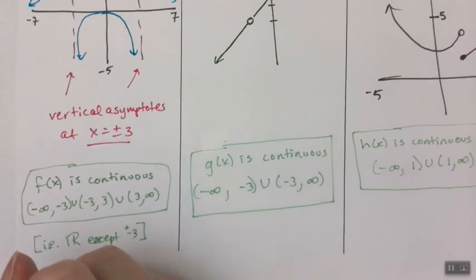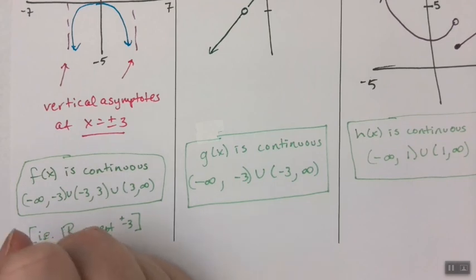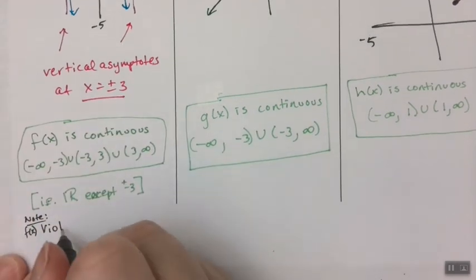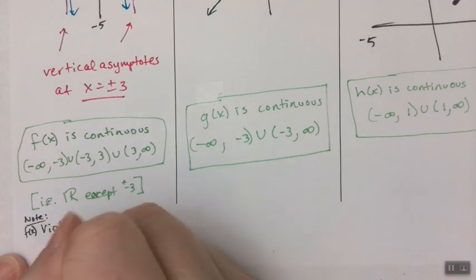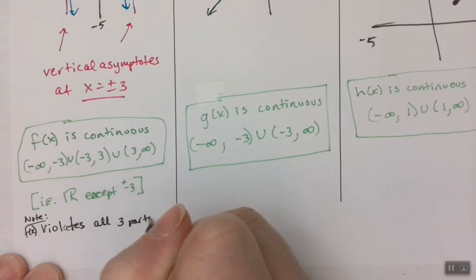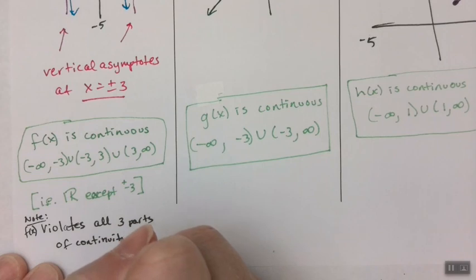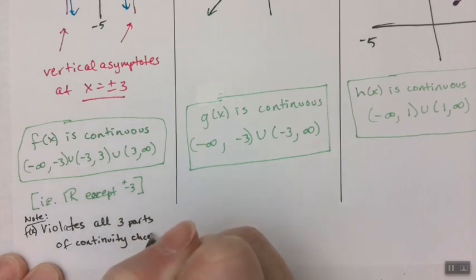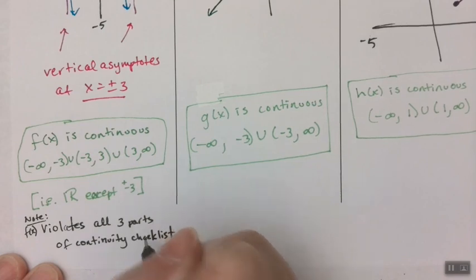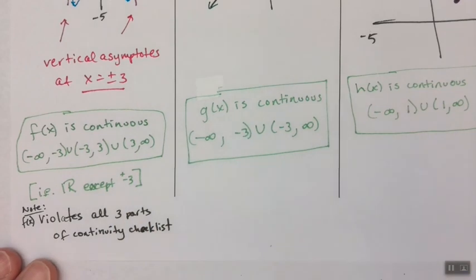So f of x violates all 3 parts of the continuity checklist. That's the way vertical asymptotes are. They automatically break all 3 parts. There's no function, there's no value.